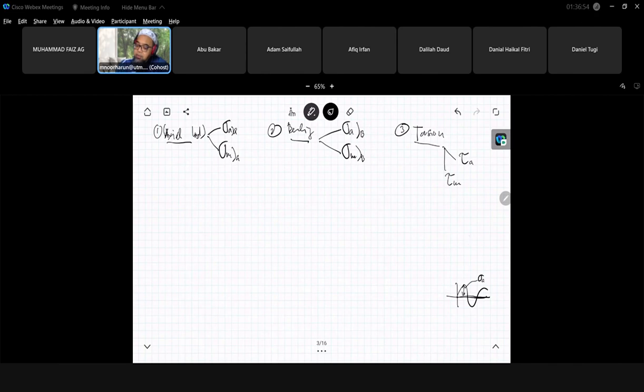Okay. This is sigma mean. So you have to look at the definition of alternating stress or the mean stress or steady stress.